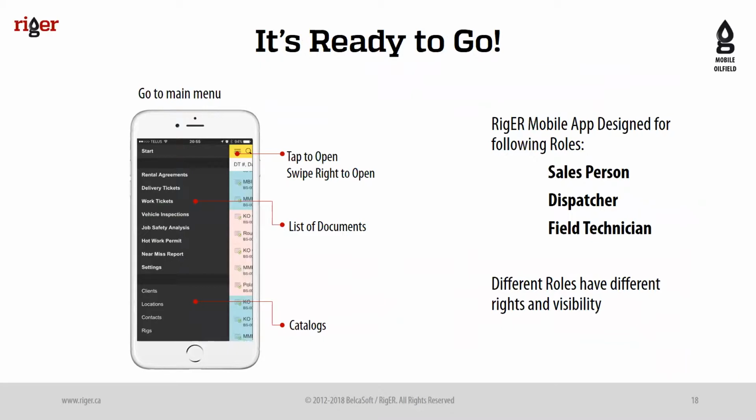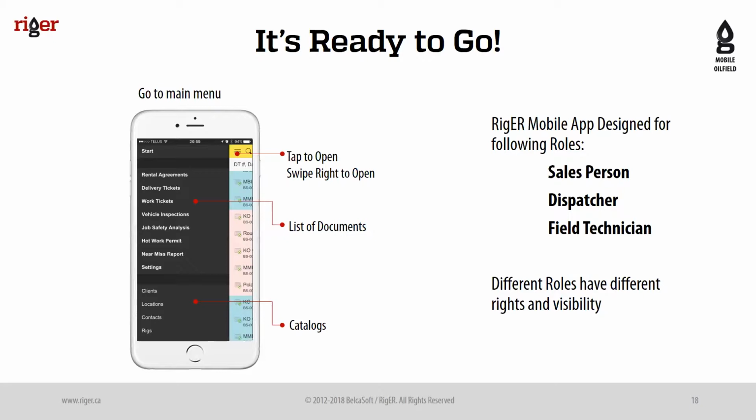If you open the main screen and the main menu, you will be able to see the list of documents and the catalog of the information in the database. And actually, the RigER mobile application is designed for different roles in the system. So if you're a salesperson, you will see only your particular documents assigned to you or generated only by yourself.